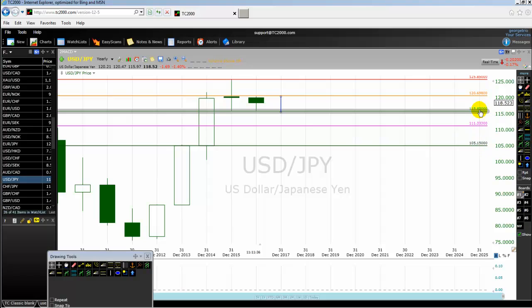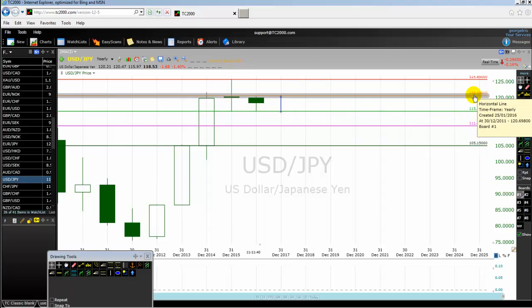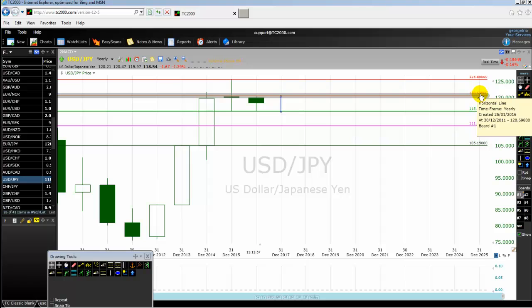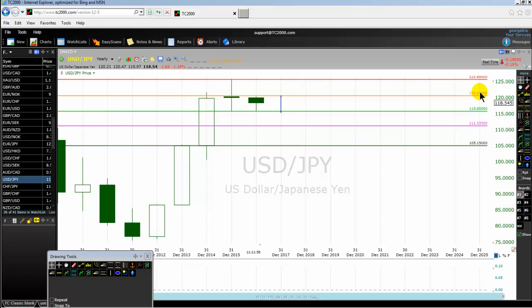On the other hand, we will give priority to bullish signals above the level of 120.69, and we will stay bullish above that level until the price reaches the level of 125.85. So priority to bearish signals below 120.69 and priority to bullish signals above 120.69.